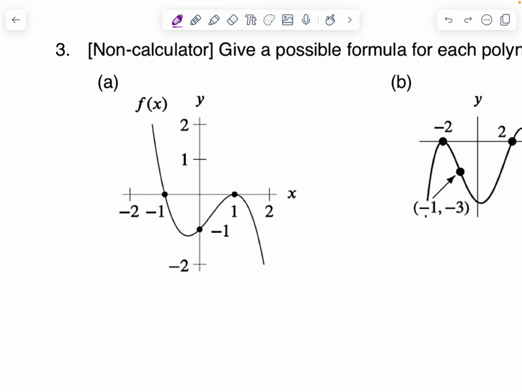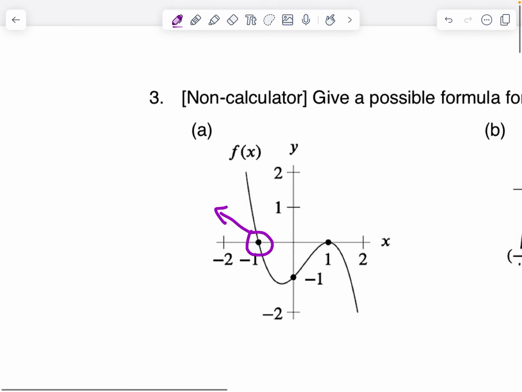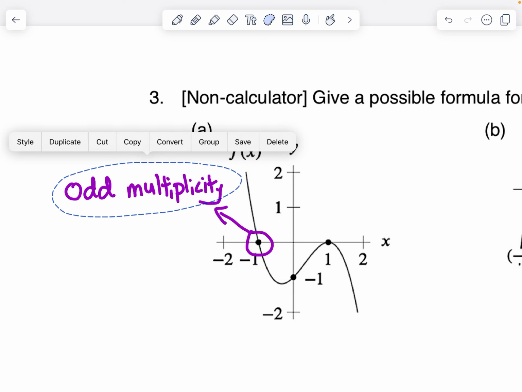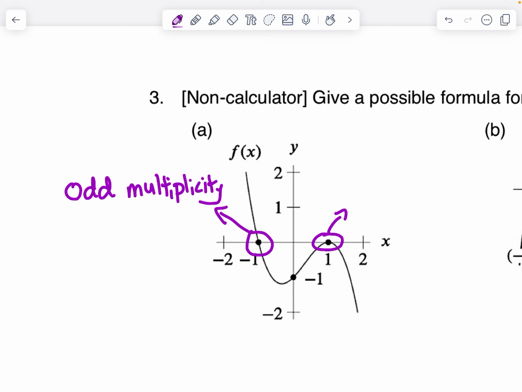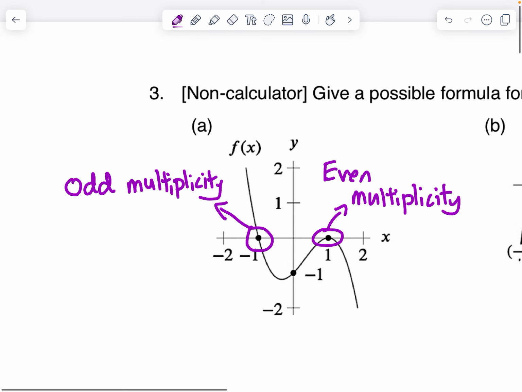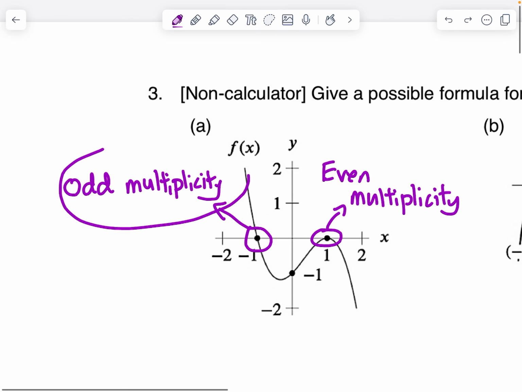So when something crosses the x-axis, we have an odd multiplicity, which means the power must be odd. And when it bounces off the x-axis, we have an even multiplicity. Whenever it goes through the x-axis, odd. Whenever it bounces off, even.